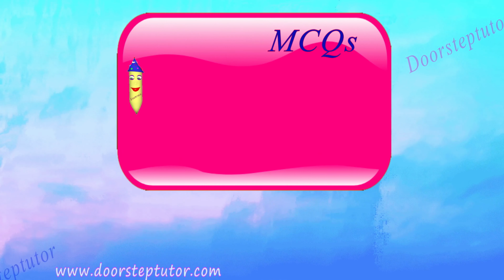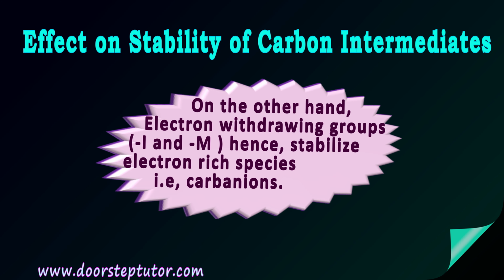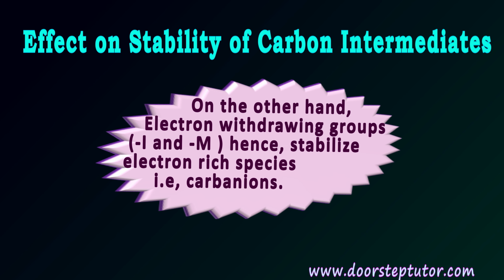Whenever electron donating groups are attached to these electron deficient species, they get stabilized. But if we have species like carbanions which are rich in electrons, then we need a group which can take back the electron, meaning an electron withdrawing group, and these are minus I and minus M effect. This is how we make carbocations and carbanions stable.